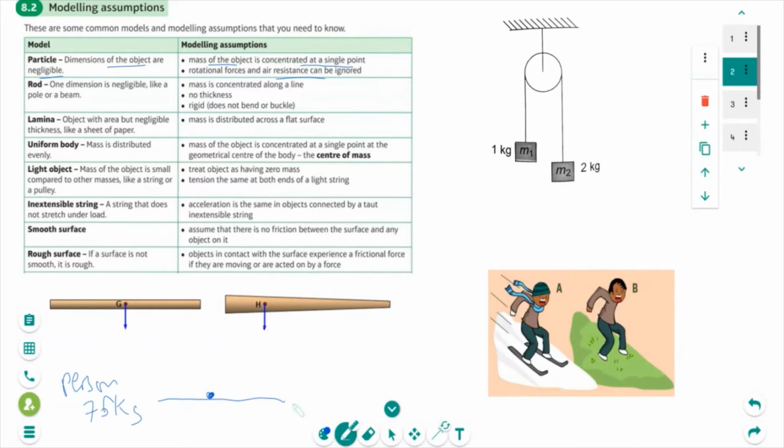If somebody's standing on the floor and they have a mass of 75 kilos, do you know what their weight is? How do you work out their weight? If you take g to be 10, they do, but in maths they take g to be 9.8. You'll do that later on anyway.